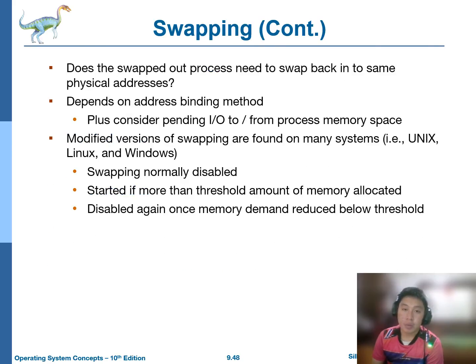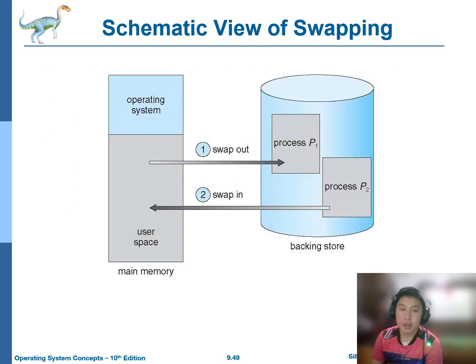Does the swapped-out process need to be swapped back into the same physical address? Modified versions of swapping are found on many systems. Swapping is normally disabled unless more than a threshold amount of memory is allocated.